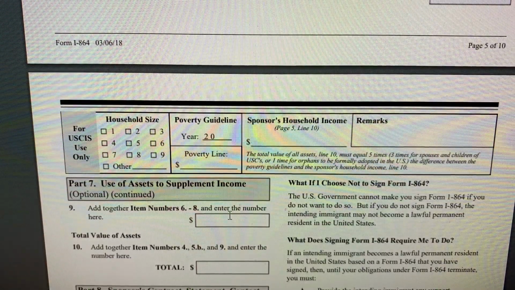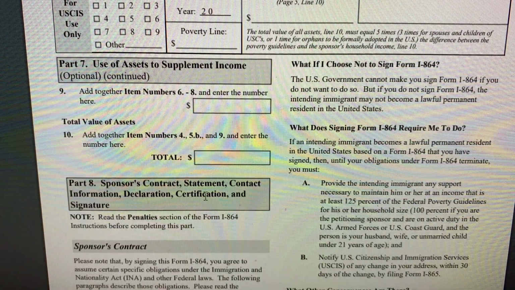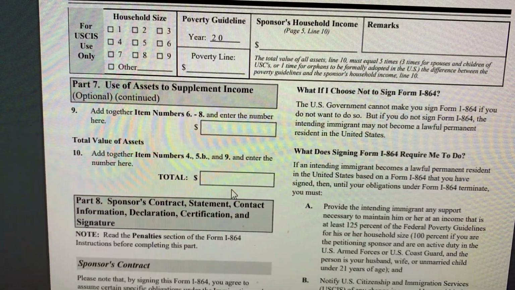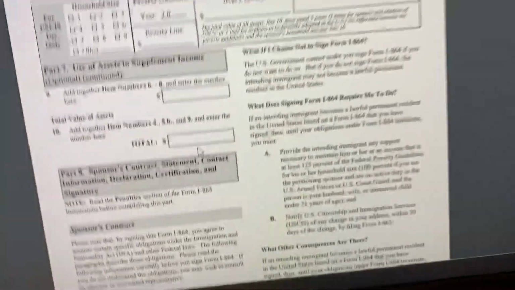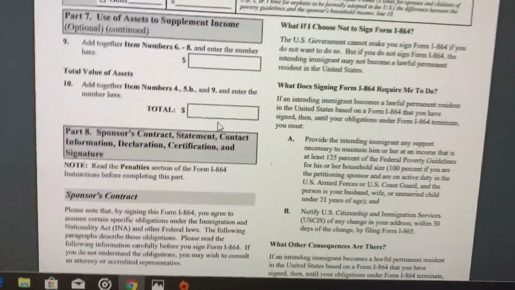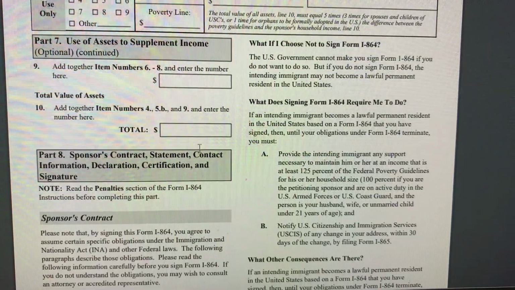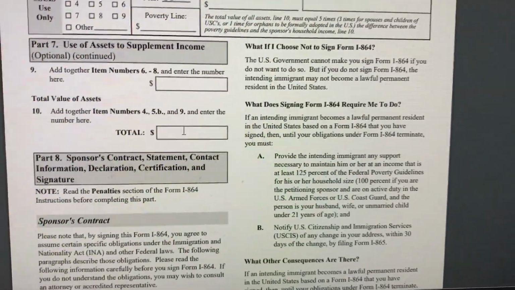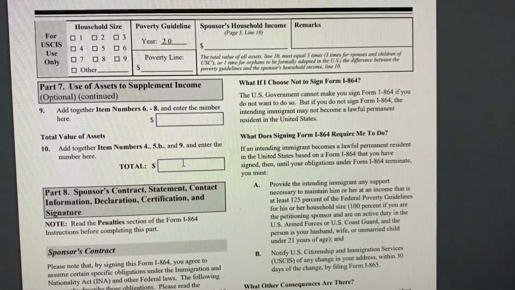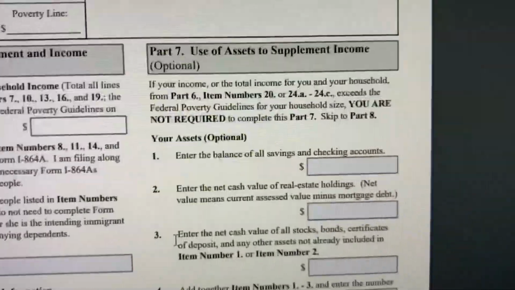Put the total there. Enter the number there. On item number 9, enter the number here. So these are for the people who answered this part 7.